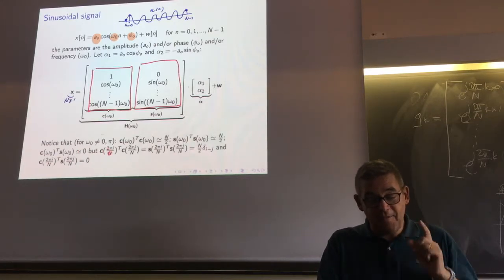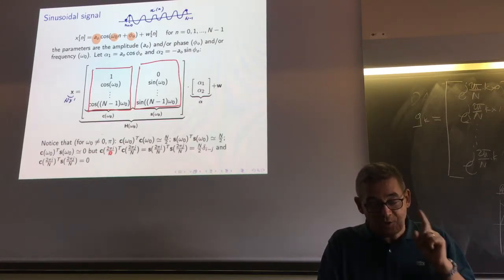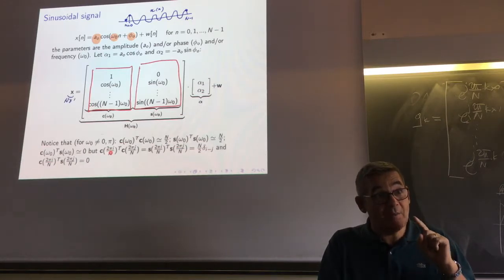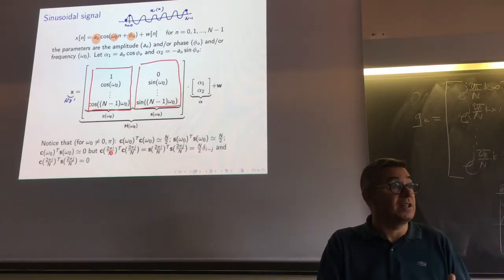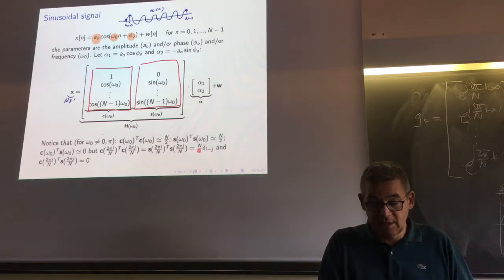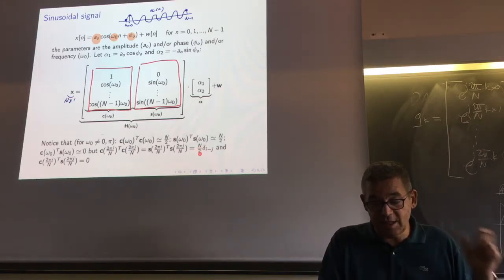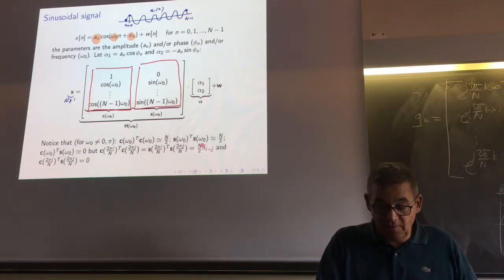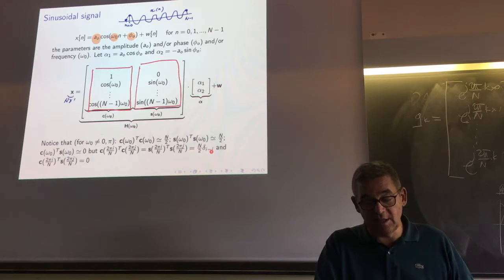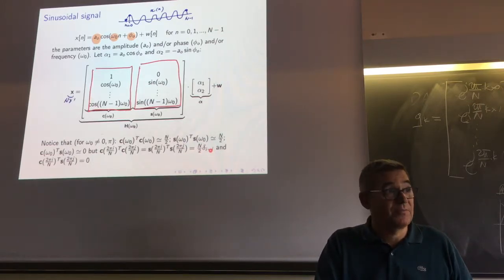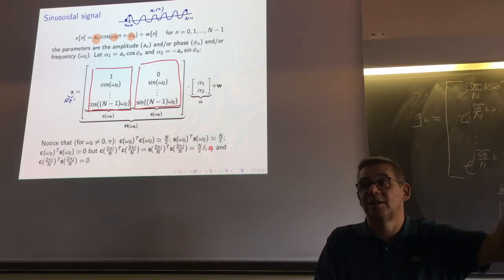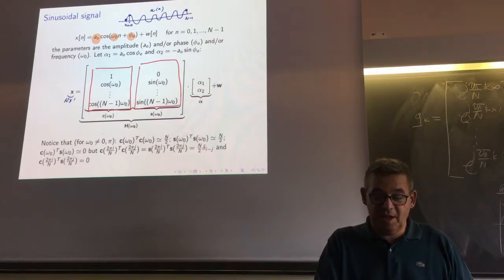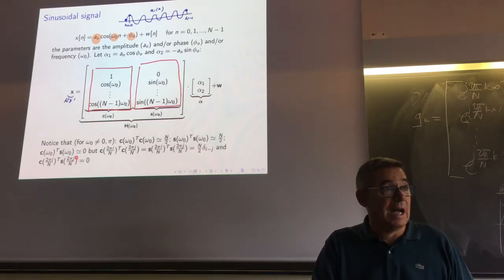But if rather than omega 0, I choose 2 pi divided by n multiplied by i, where i is an integer, in this case this is equal to n divided by 2 delta i minus j. This means that if i is equal to j, that is n divided by 2. If i is different from j, it is equal to 0. It's a pulse delta. Okay? And they are always orthogonal. Absolutely.